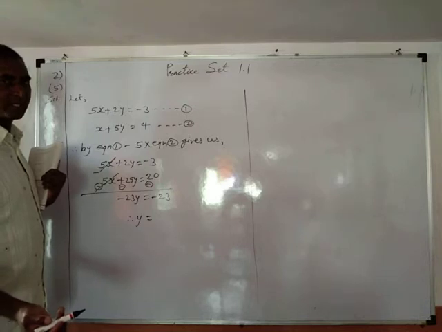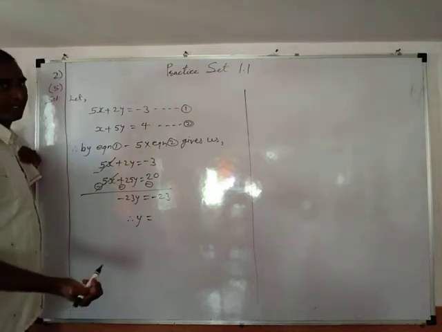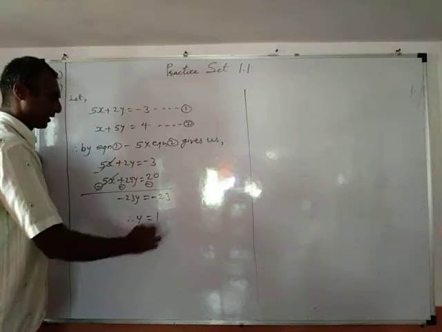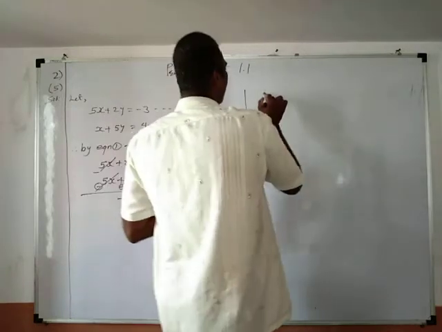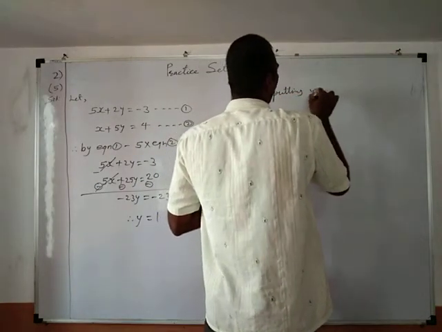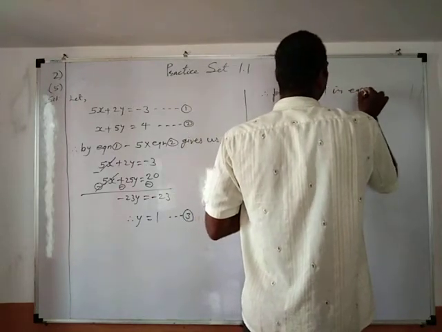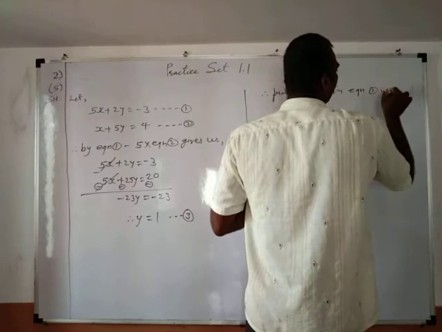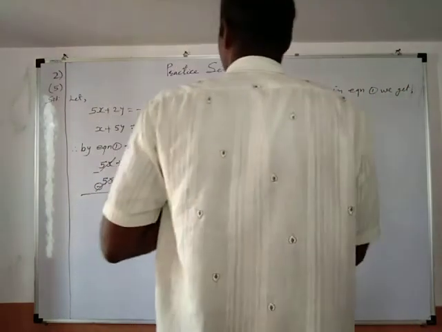Minus 23 ones are minus 23, minus 23 ones are minus 23 means 1 upon 1 and 1 upon 1 is nothing but 1. Equation third. And therefore putting y equal to 1 in equation 1 we get. Yes, let us see what we get.